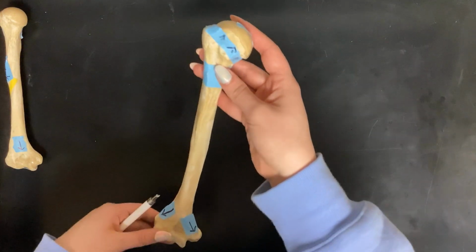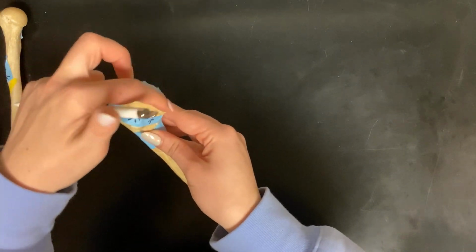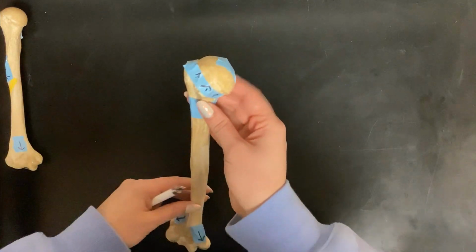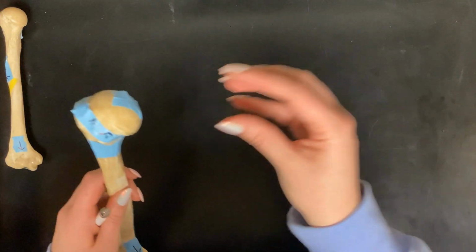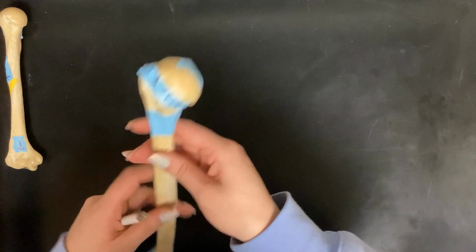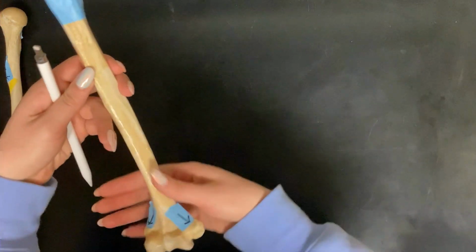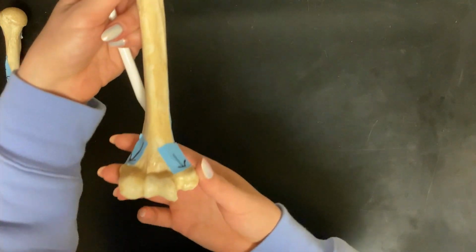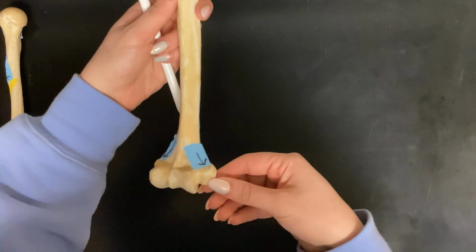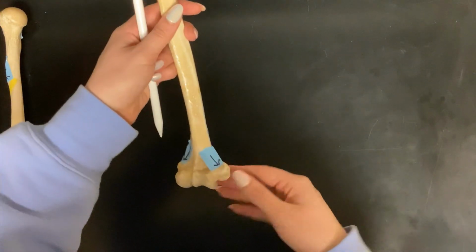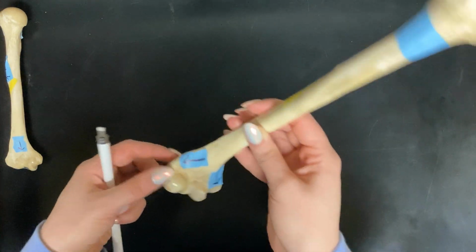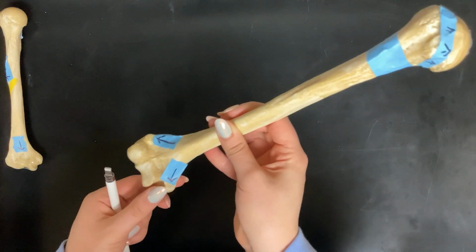So to know if we're medial or lateral, we're always going to be looking at this part of our humerus, and it's always going to sit medially because it's going to be sitting inside of our glenoid cavity of our scapula. So then to know which one's medial or lateral for the epicondyles down here, this one would be pointing to our medial epicondyle because our head is pointing also medially. And then this would make our lateral epicondyle. And our medial epicondyle is also going to be slightly bigger.